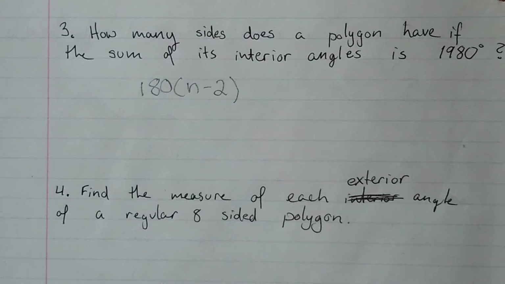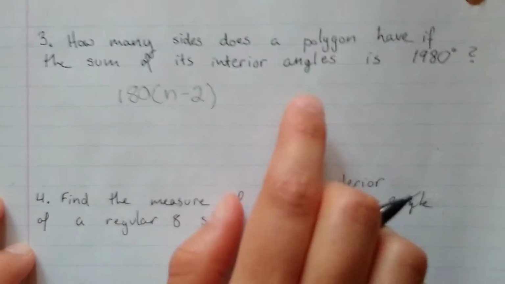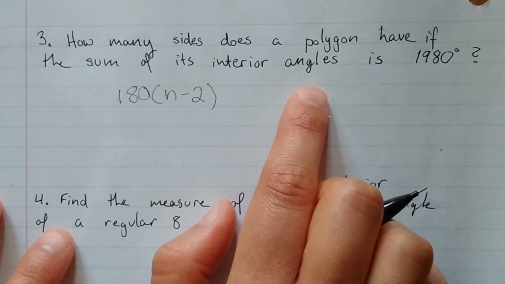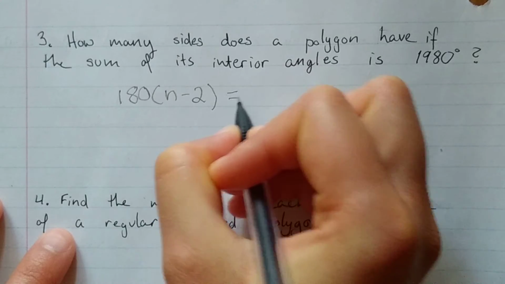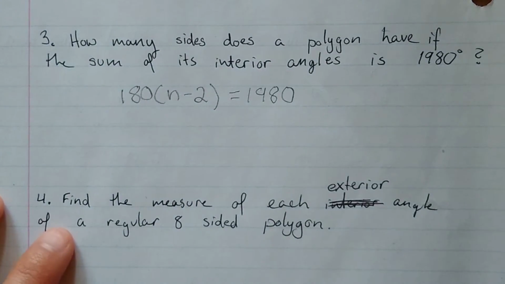And in this case, it doesn't tell us how many sides we have. That's what we're trying to find. But it does tell us what the actual sum of the interior angles is. It's 1980. So we can set this equal to 1980 and solve for n.